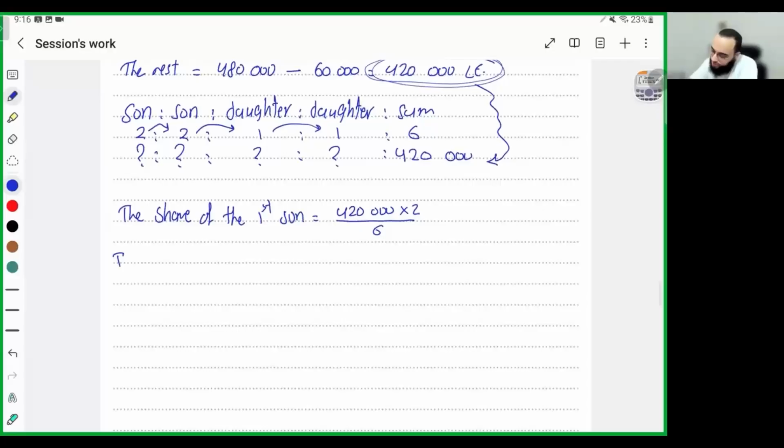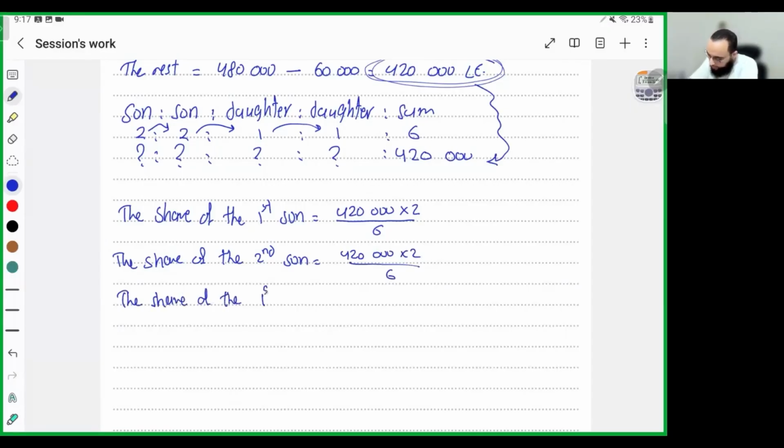The share of the second son is the same, correct? 420,000 times 2/6. What's the share of the daughter? 420,000 times 1/6. What's the share of the second daughter? The same. Excellent.